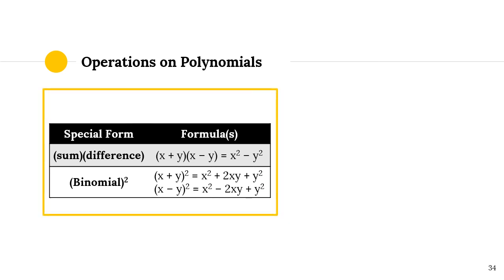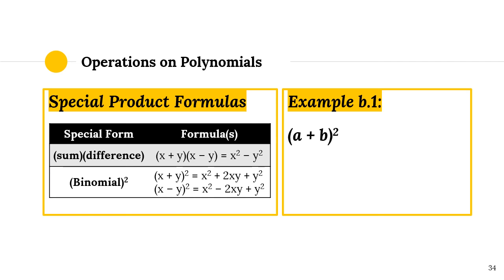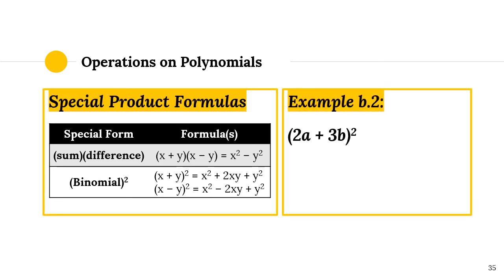So let's proceed with the binomial here. 3 examples again. Example b.1, we have a plus b squared. Automatically, what you do is a squared plus 2ab plus b squared. Just follow the formula. Second example, we have 2a plus 3b squared.